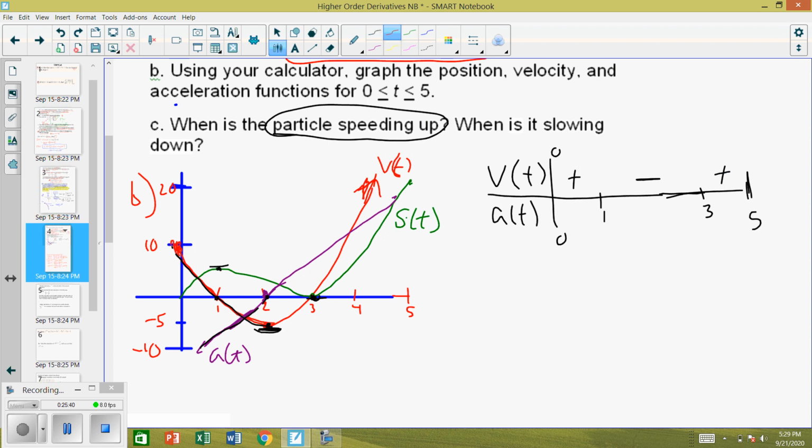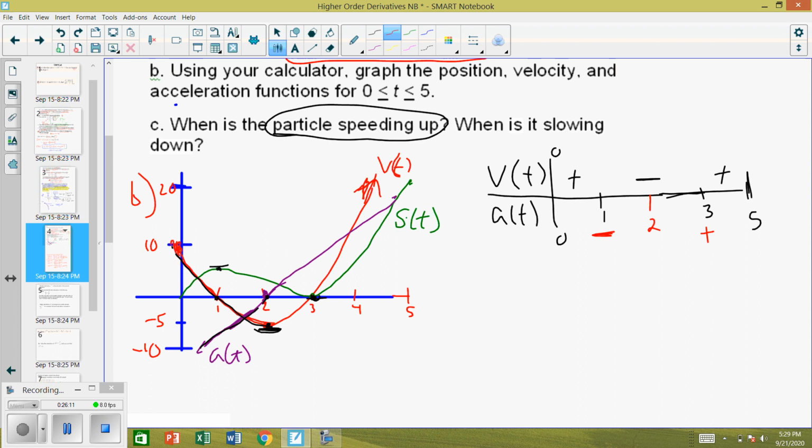Now for A of t, it looks like between 0 and 2, we're negative, and between 2 and 3, we're positive. I'm purely looking at the graph here. So when is my original function speeding up? When is it slowing down?